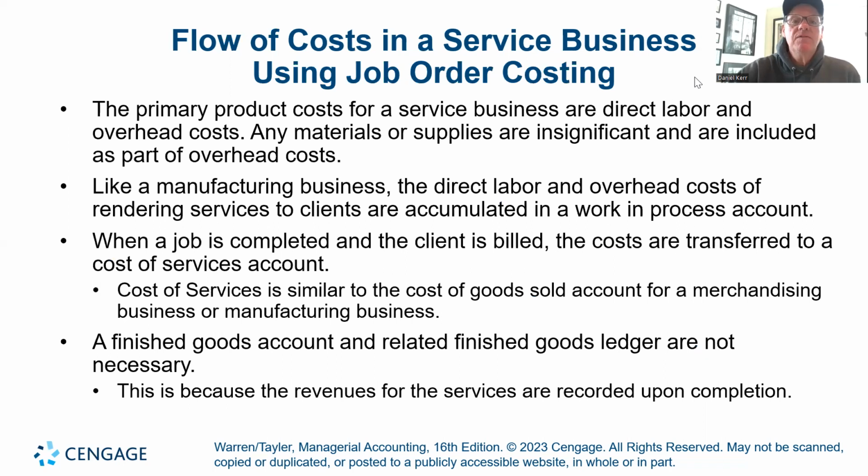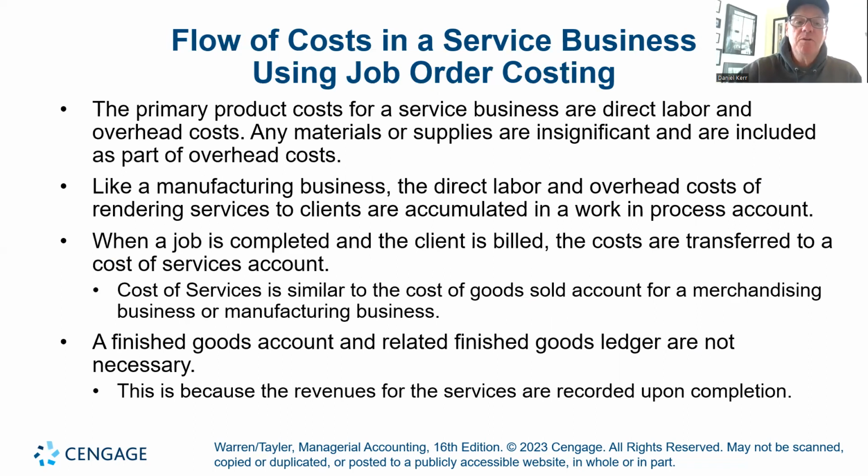So the primary costs for a service organization would be labor and overhead. Materials and supplies are usually insignificant and are attributable to additional overhead costs. As a practical matter, what we do for a service organization is figure out a way to track labor and overhead costs to a job. We're going to have a work in process account for each job.